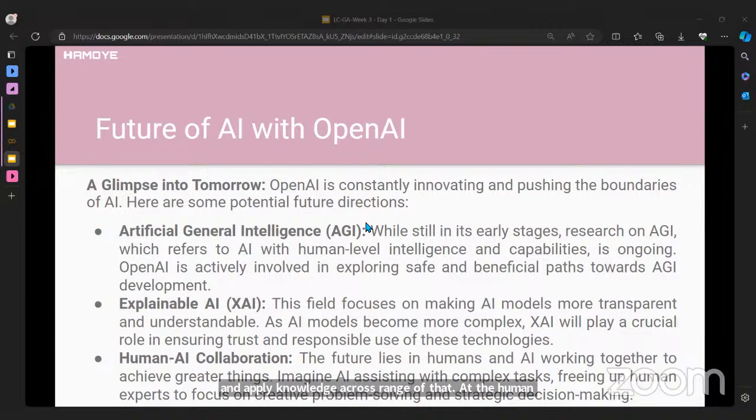Then we also have explainable AI. You must have heard of this. Google has it, right? As AI systems become more complex, the need for transparency grows. Explainable AI focuses on making the decision-making processes of AI models clear and understandable to users. Like I said, Google has it. I've been opportune to watch one or two videos about it on Google.